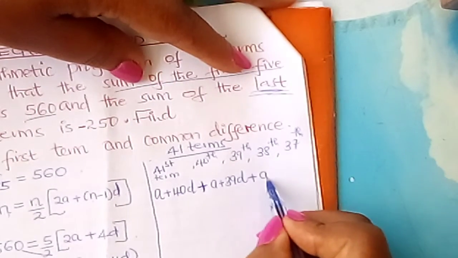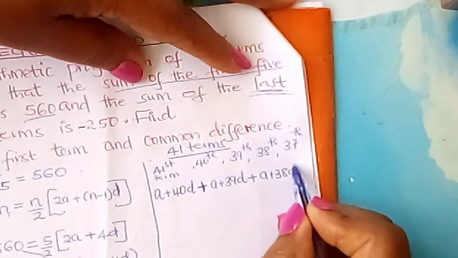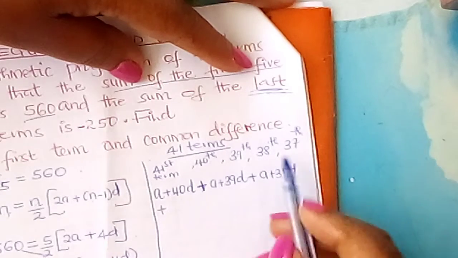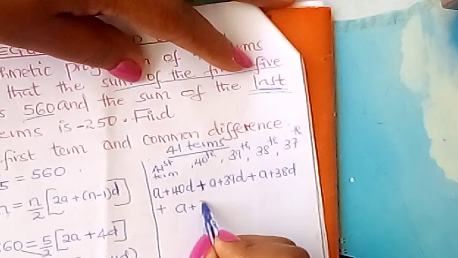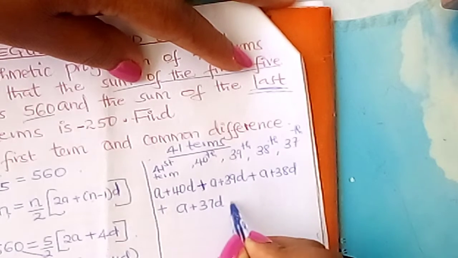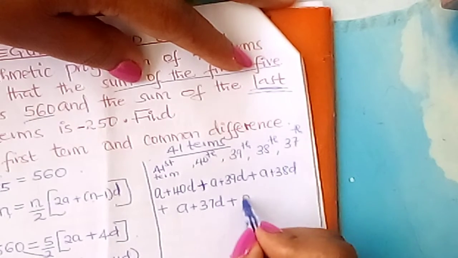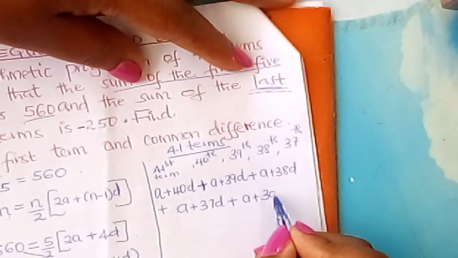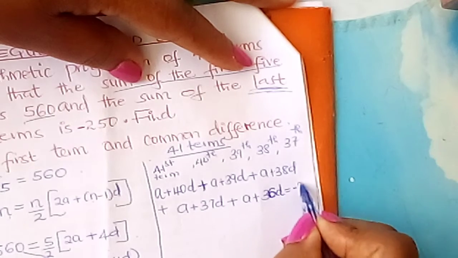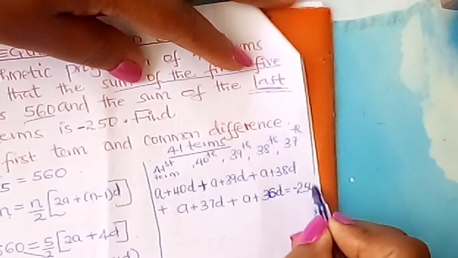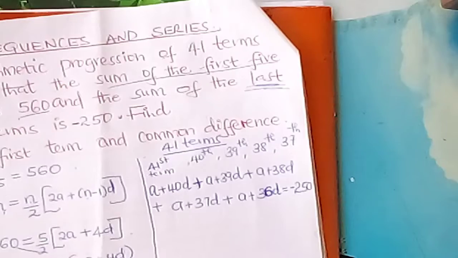The 39th will be a plus 38d, plus the 38th, which is a plus (38 minus 1), giving you 37d, plus a plus 36d. All this should give you negative 250. I hope you can see that.